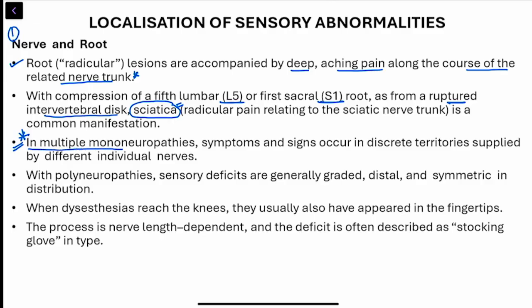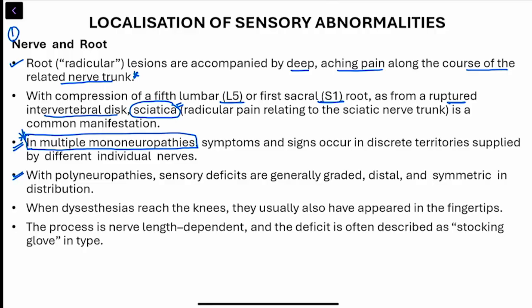Multiple mononeuropathies means different nerves in different localities. For example, if one nerve of the thigh is involved, another nerve of the leg, another nerve of the foot, these are three different nerves. Then symptoms and signs occur in discrete territories supplied by different individual nerves. Right? It is very simple to understand.